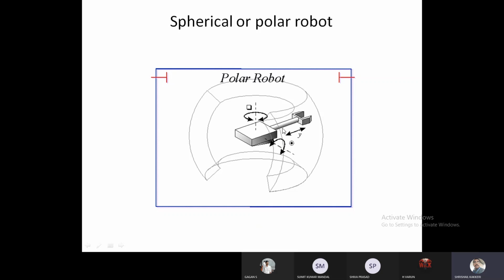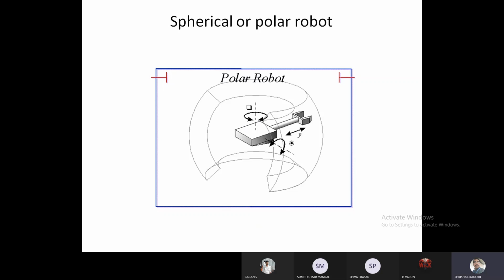It is the retraction r, and this is theta, and this will be phi. R, theta, phi. It doesn't make a difference. Since the work volume generated by these robots appears to be a segment of a sphere, these robots are called spherical or polar coordinate robots.